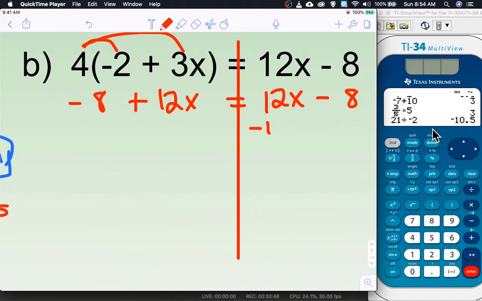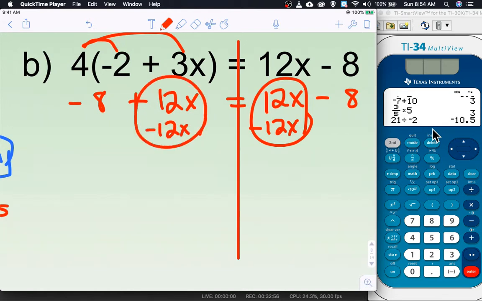So I'm going to subtract 12x to cancel out the variable on the right. And when I do it on both sides, it also cancels out the variable on the left. I have no more x's left. I have negative 8 equals negative 8. And so you ask yourself, is that true?